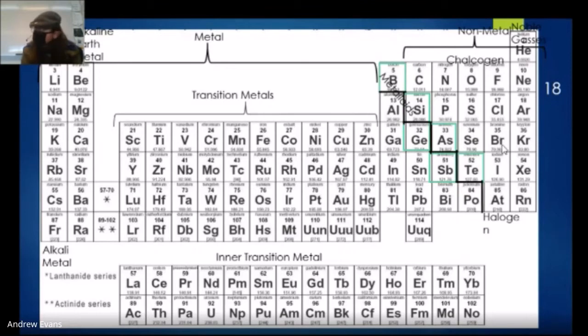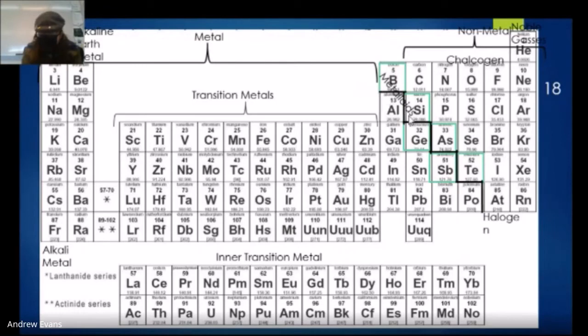CFCs, chlorofluorocarbons, those things that screw up the ozone layer, are halogenated gases. We have the noble gases in the far right column. These are so named because of their pretty much complete lack of reactivity.